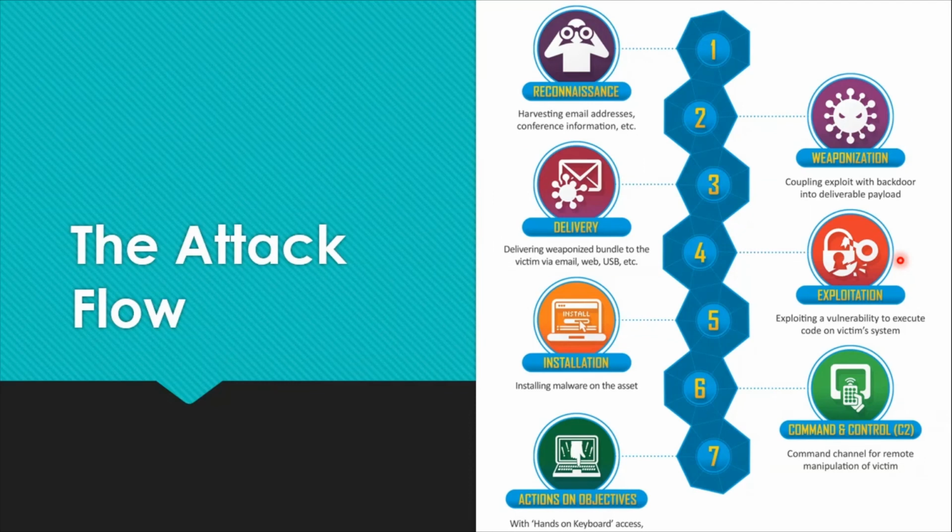Now I will also touch a bit on each phase of the kill chain in reference to this attack scenario, except for the reconnaissance phase. So in weaponization, we will see how the attacker generates his malware.